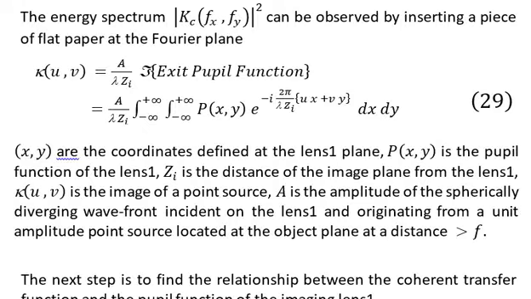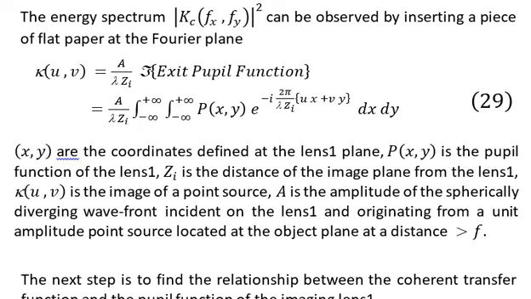Kappa of uv is the image of a point source. So remember that kappa is the image of a point source located at the object plane. A is the amplitude of a spherically diverging wavefront incident on lens 1 and originating from a unit amplitude point source located at the object plane at a distance greater than f.